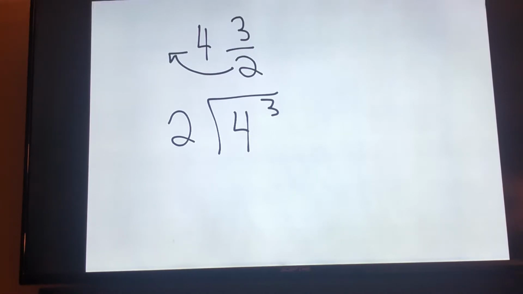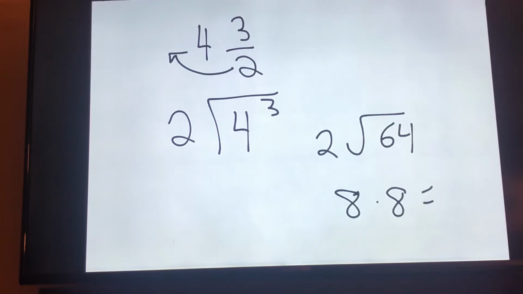Now we need to figure out what's 4 times 4 times 4. Well, 16 times 4 is what? It's going to be 64. So is there a perfect square of 64 that you guys know of? I think I know of one. 8, because 8 times 8 gives us 64. So guess what? 8 is your answer.